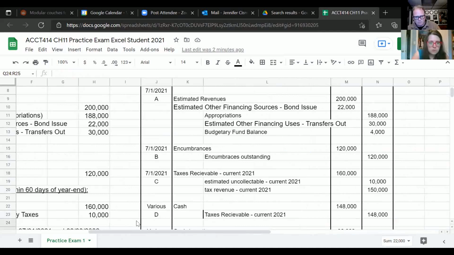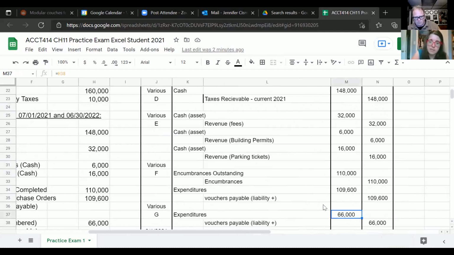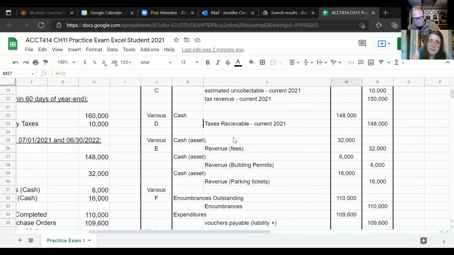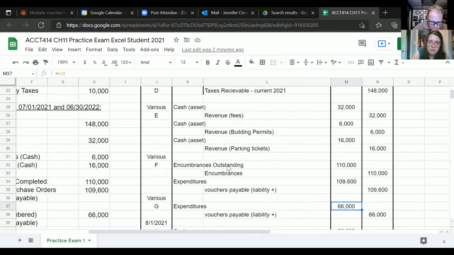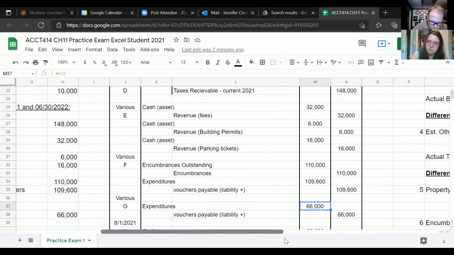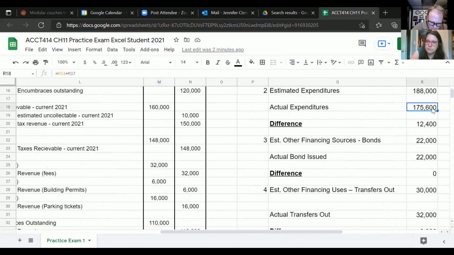So 37 was the expenditures. So expenditures plus the 109,600 that was actually spent. So 175,600, you said? Yep.